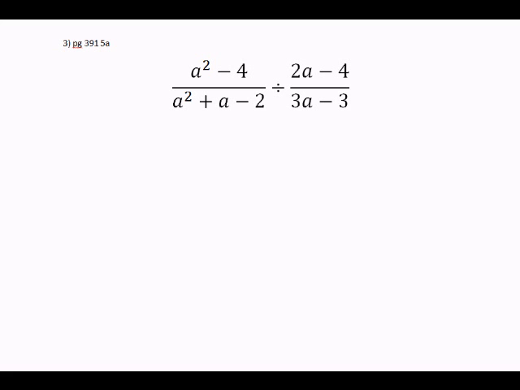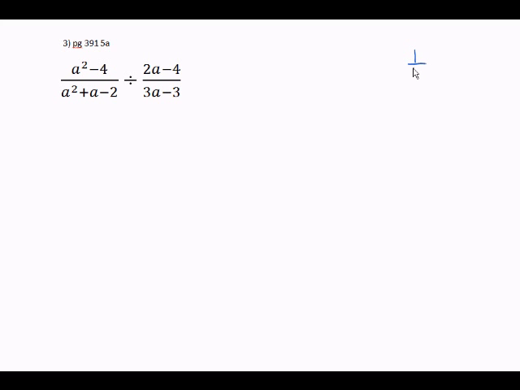So I'm on page 391, and we have two fractions that divide each other. What are the rules for dividing two fractions? Well, let's say I have 1/2 divided by 2/3. What's the rule for dividing fractions?